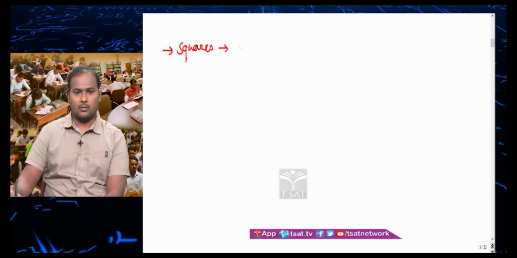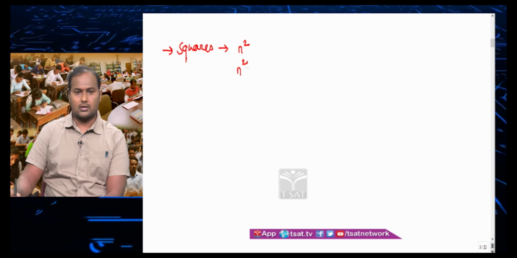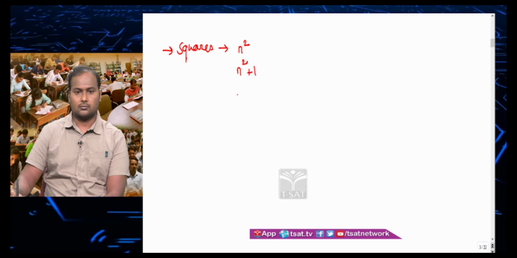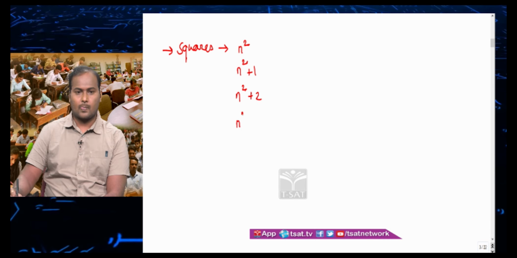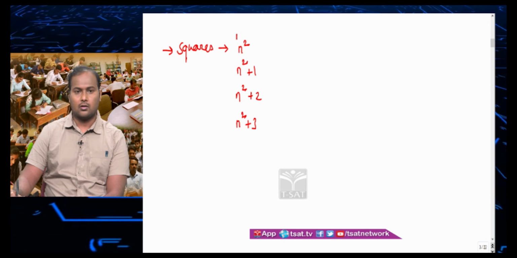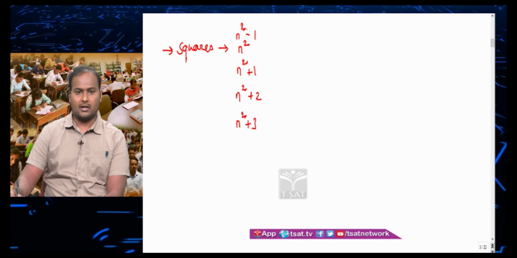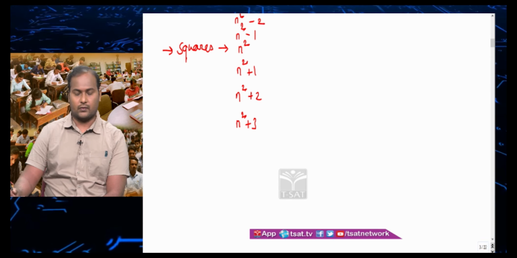This format may be n square, or n square plus 1, n square plus 2, or n square plus 3 format. In the same way, we can expect n square minus 1 and n square minus 2 format as well.